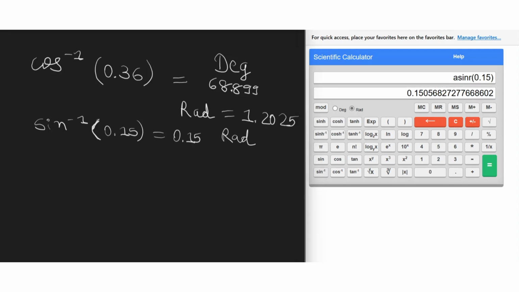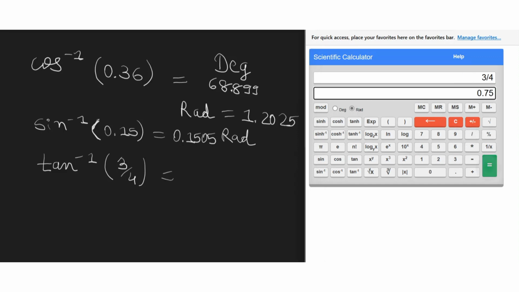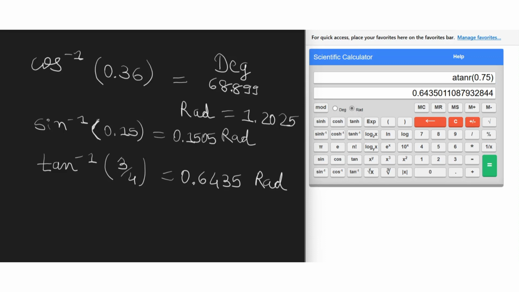We get 0.1505. I need to find tan inverse of 3 by 4. For that, in the calculator, I'll press 3 division 4, equal to, and then press the tan inverse symbol. The calculator is set in radian mode. So we get this answer, 0.6435 in radian.